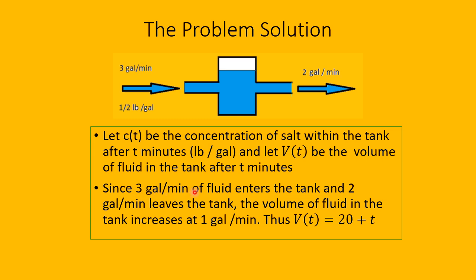Since we have 3 gallons per minute entering the tank and 2 gallons per minute leaving the tank, the volume of fluid in the tank increases at 1 gallon per minute. So we can say that V of t is equal to 20 plus t. The original 20 gallons that were in the tank, and after t minutes there are t more gallons of fluid in the tank.